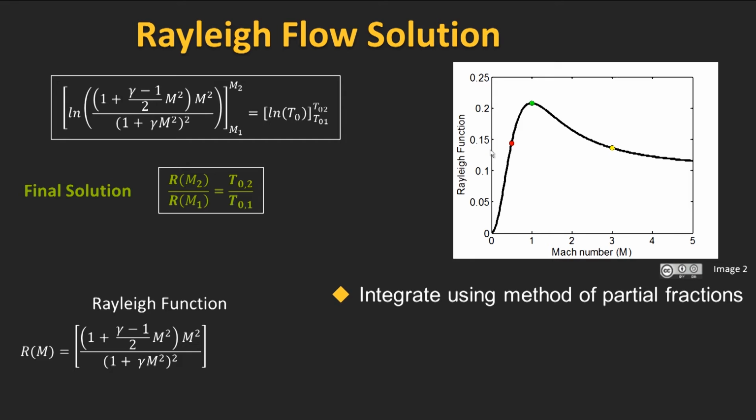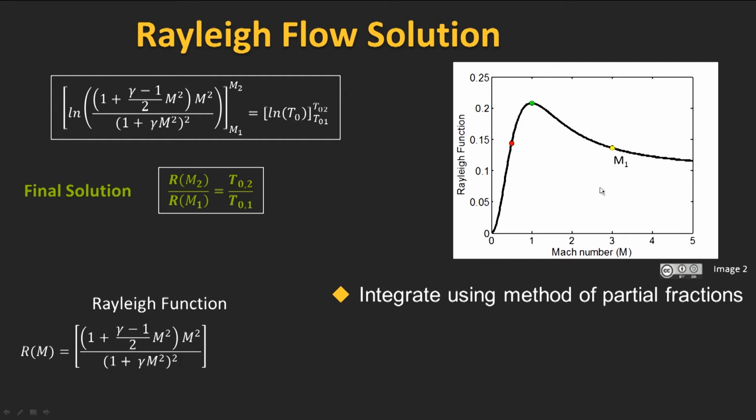Now let's take a look at the graph on the right. Let's assume that the flow enters the combustor supersonic, or in other words, that our inlet Mach number M1 is on the supersonic branch indicated by the yellow point here.